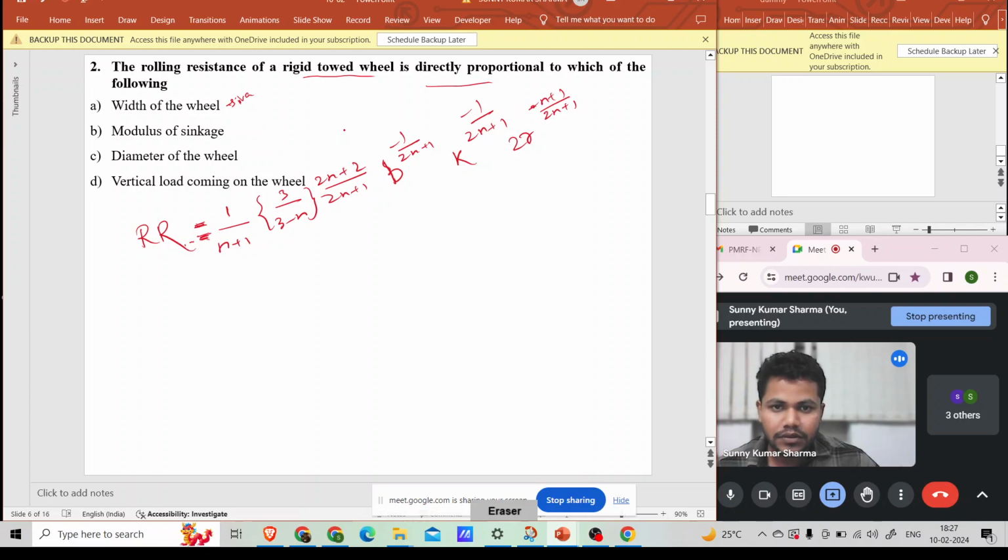This minus is common. Then weight coming on it to the power 2n plus 2 by 2n plus 1.